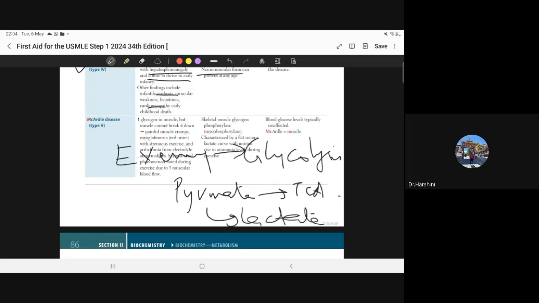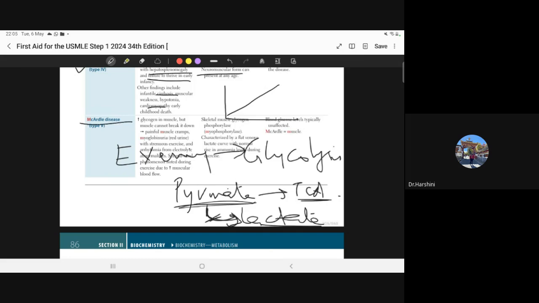Generally in normal people, when the muscle is exercising, pyruvate goes into the TCA cycle and provides energy. But because of the intense work on the muscle, some pyruvate also goes into lactate, and this lactate also provides energy. So in a normal exercising muscle, you will have some lactate levels in blood.